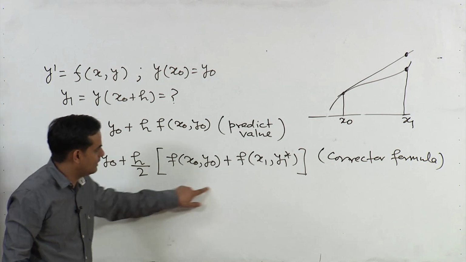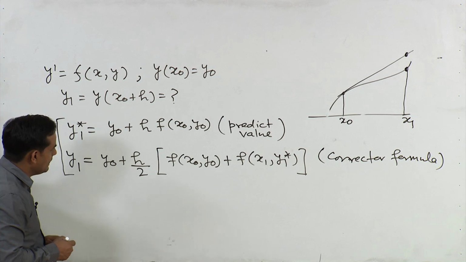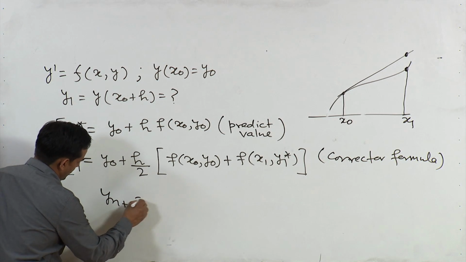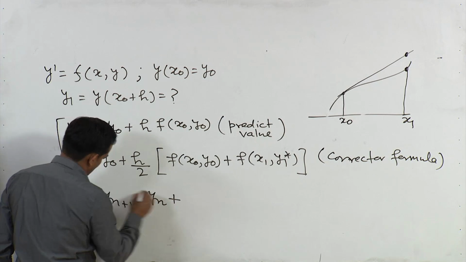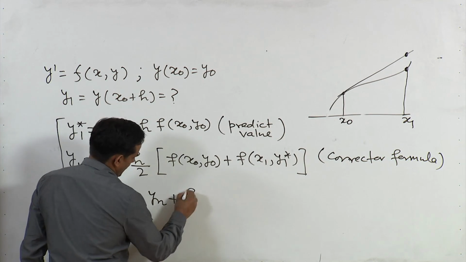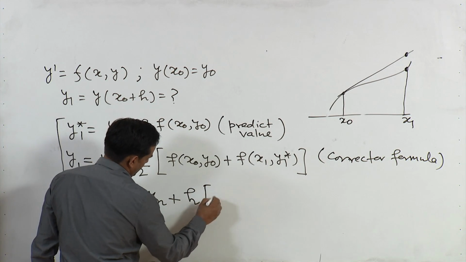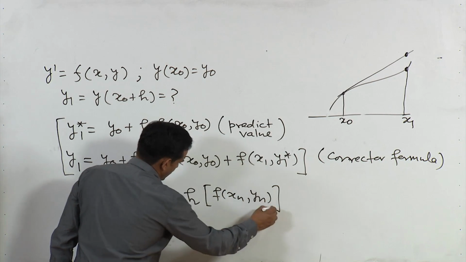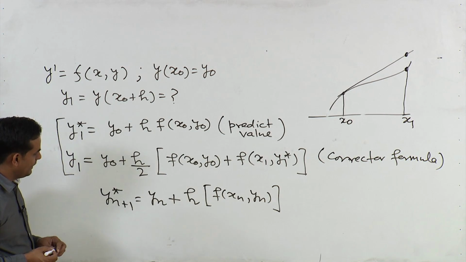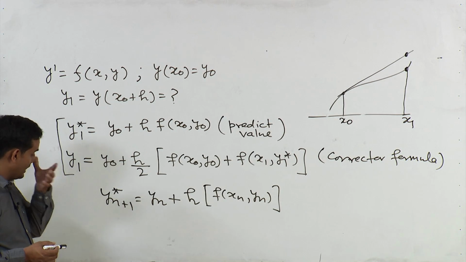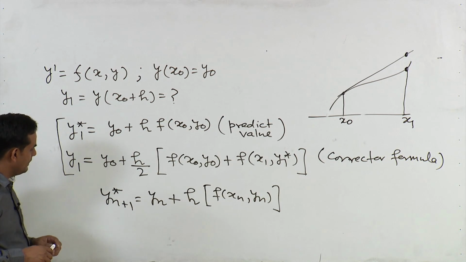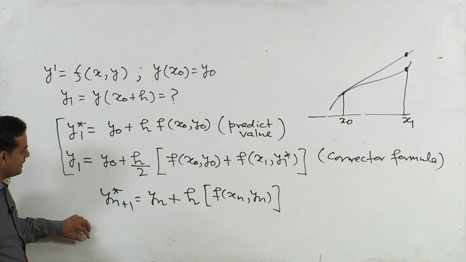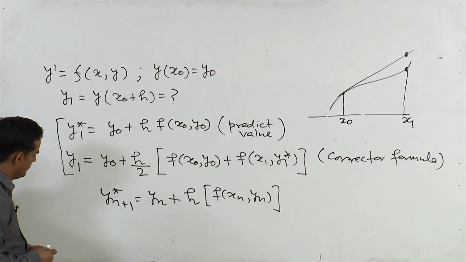So, in general setting I can write this as yn plus 1 equals yn plus h times f of xn, yn, if you know the value of yn at x equals xn and you want to calculate the value at x equals xn plus h, that is xn plus 1.